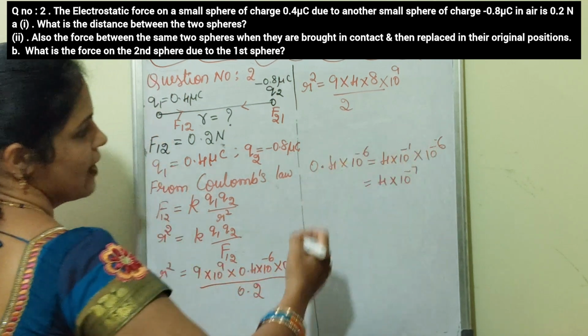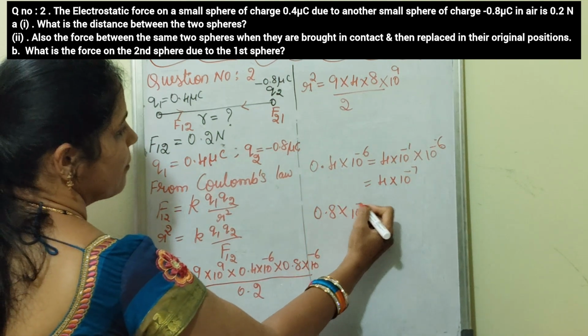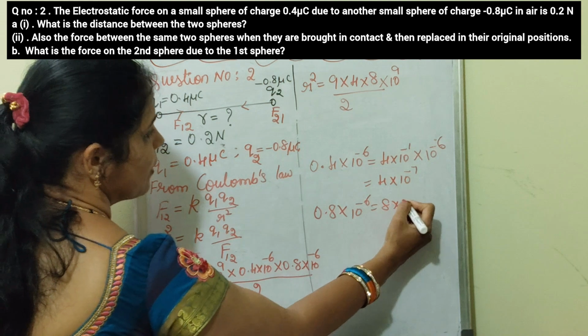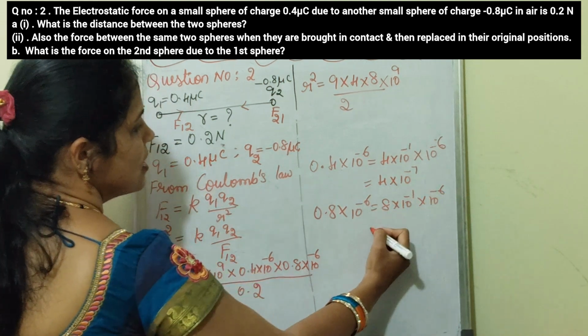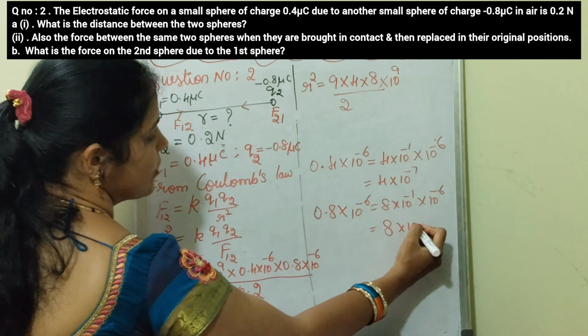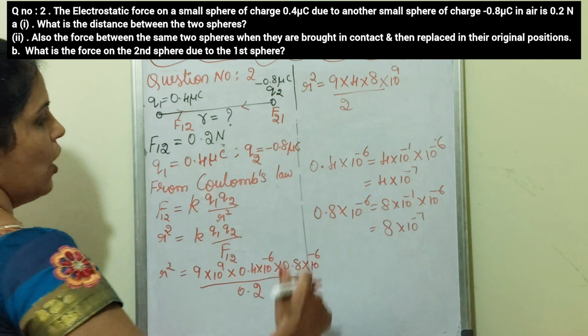Similarly, 0.8 into 10 to the power minus 6 is 8 into 10 to the power minus 1 into 10 to the power minus 6, which will be 8 into 10 to the power minus 7. Is this clear, student? Okay.